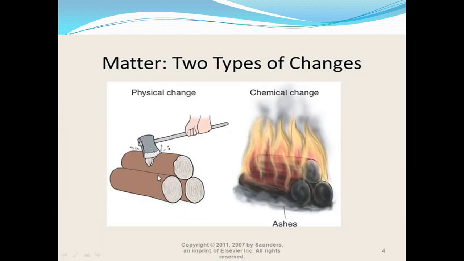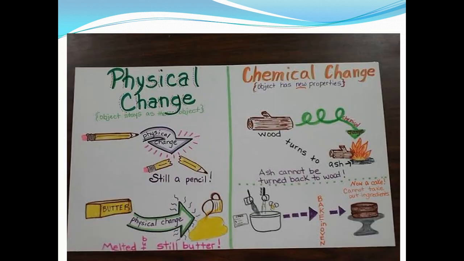Another example, if you cut the wood, just cutting changes its shape, its size. So this is physical change. But what about burning the wood? This is a chemical reaction. So this is chemical change. Okay, let's take another examples. After breaking down the pencil, this is physical change.